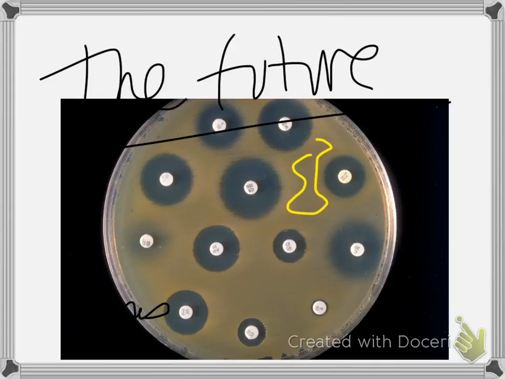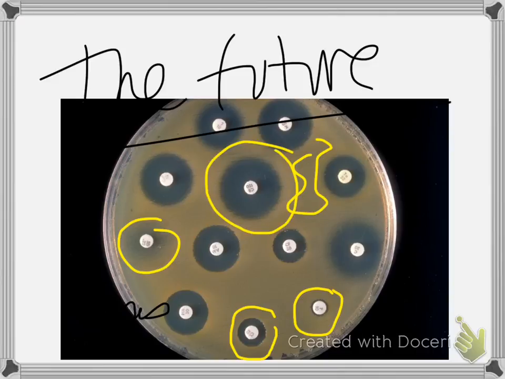So this drug, is that effective against these bacteria? No, not really. Neither is this one. This one is losing its effectiveness. This one so far is the best we've got against this particular bacteria. I don't know what this bacteria is. I don't know what these drugs are.